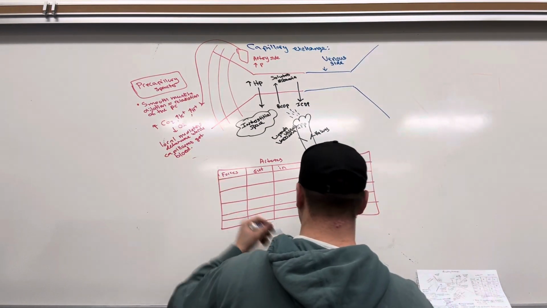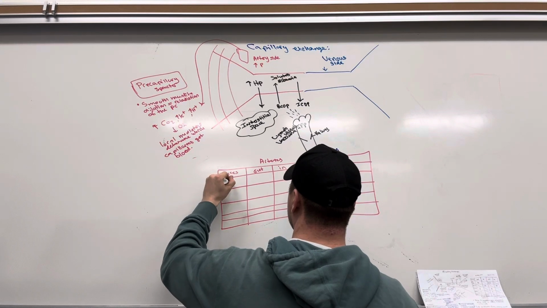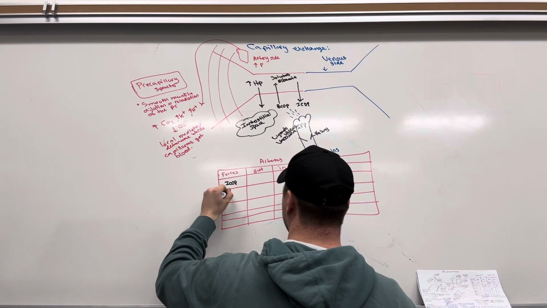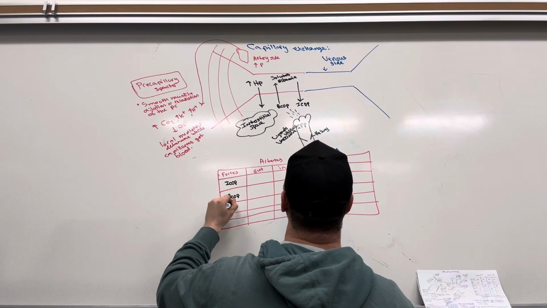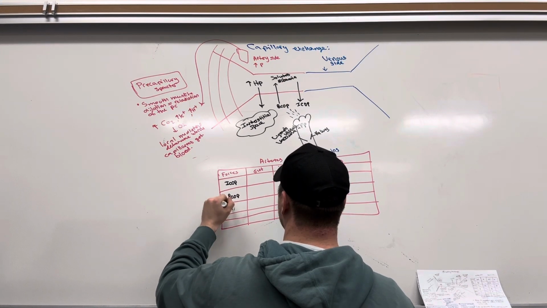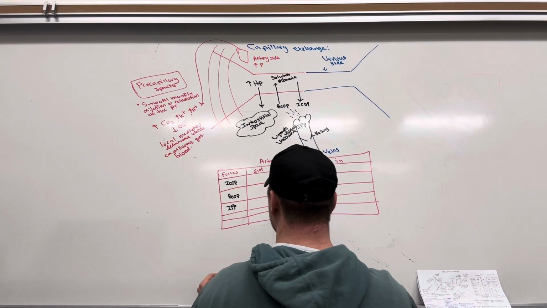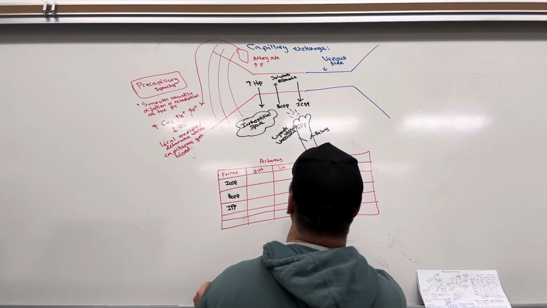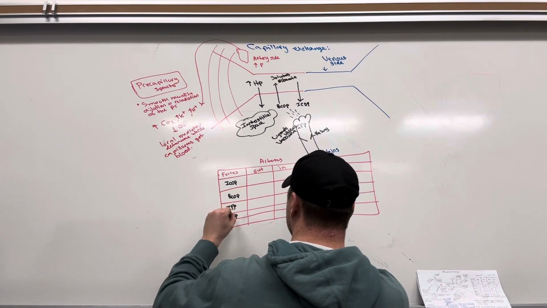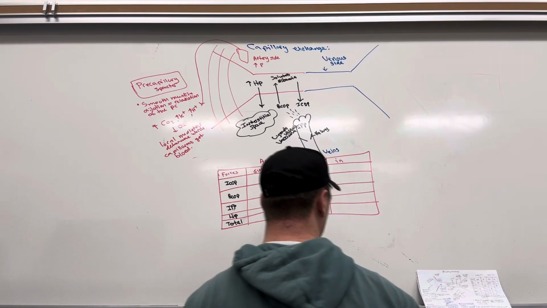So up here, we have ICOP, BCOP, IFP, HP, and total. We're going to use that across the whole board here.